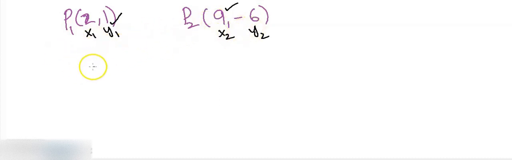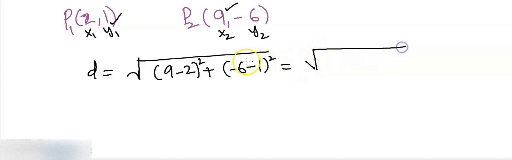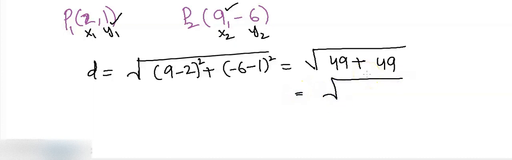Now we calculate the distance using the formula: 9 minus 2 whole square plus minus 6 minus 1 whole square. So you get 7 square, which is 49, plus 7 square, which is 49. If I'm not making any computational mistake, it is basically 2 times 49, so the square root of 49 is 7, and we get the distance as 7 root 2. This is the distance between these 2 points.